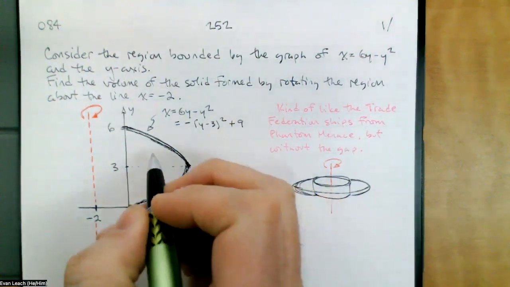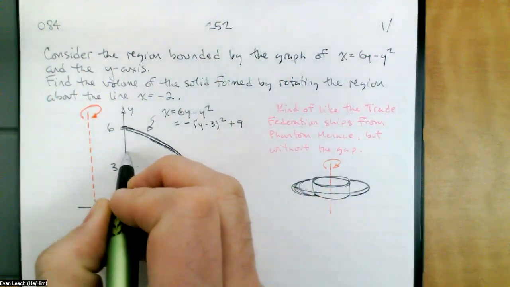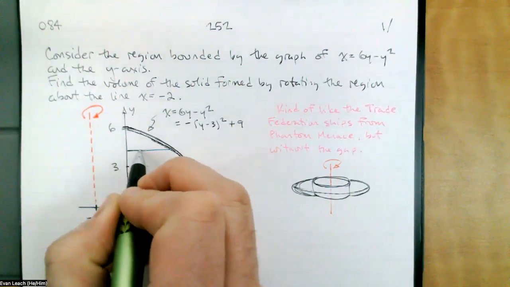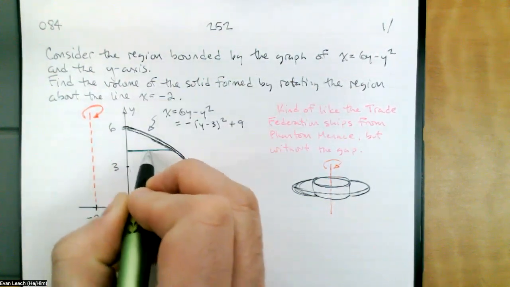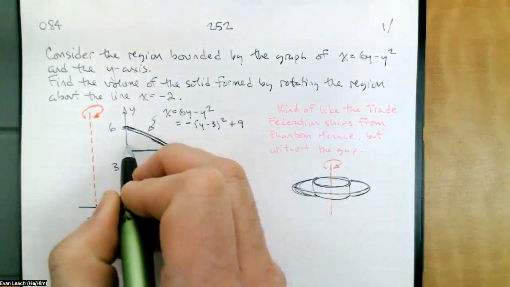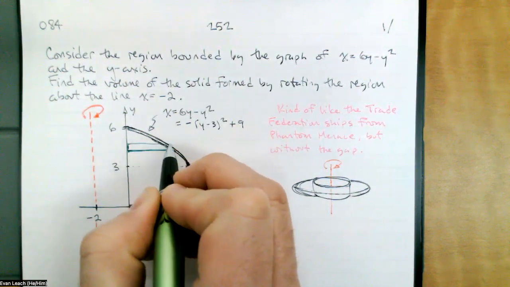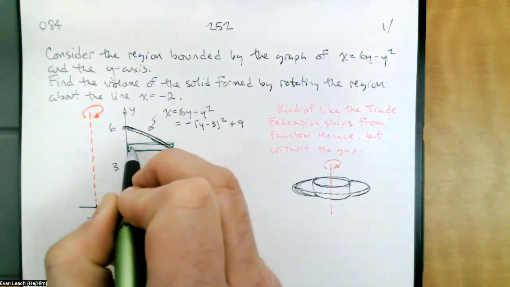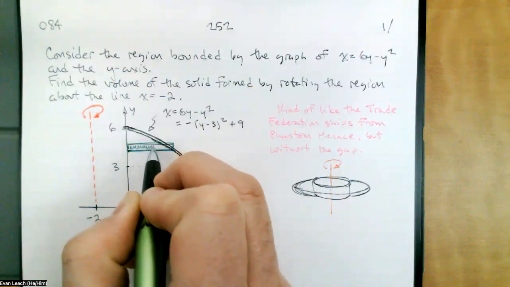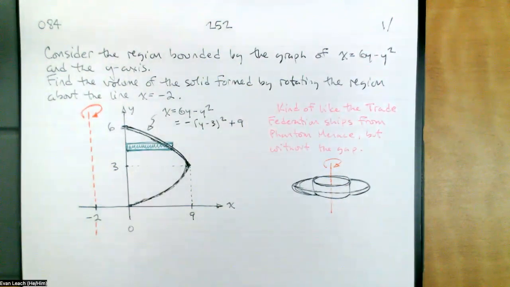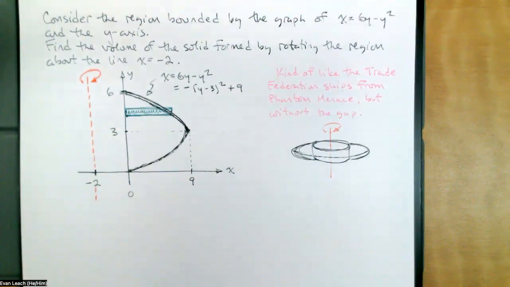Slicing perpendicular to the axis of rotation would mean slicing this direction. Since the axis of rotation is not a boundary of the region, we know that the volume of the slice is pi times R squared minus r squared times the delta variable.